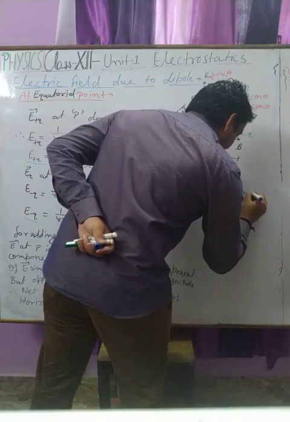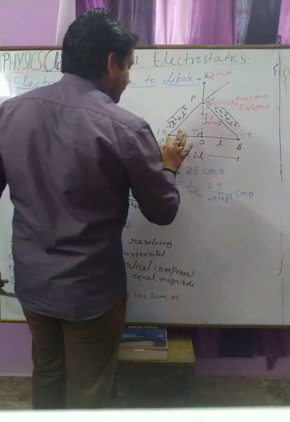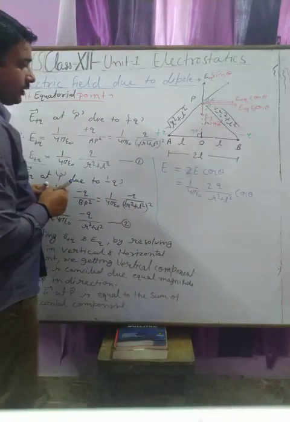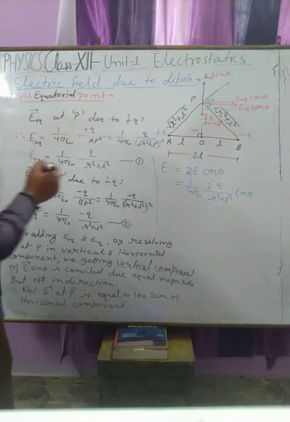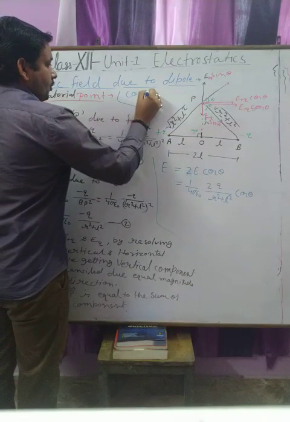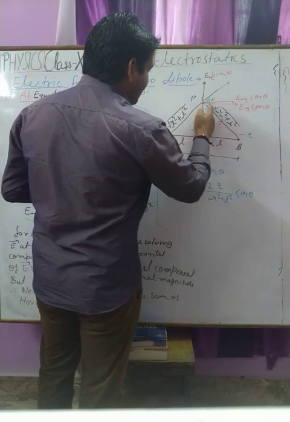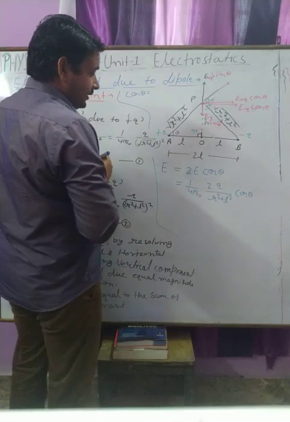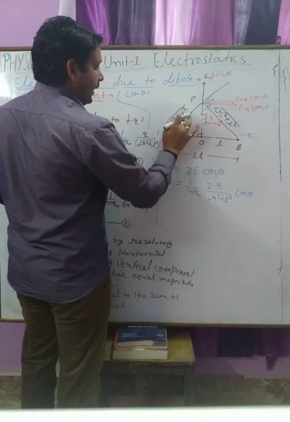Now student, we need to calculate the value of cos theta from the triangle APO or BPO by using the Pythagoras theorem. Cos theta is equal to, we have the angle, therefore this value is equal to L upon this, base upon hypotenuse.